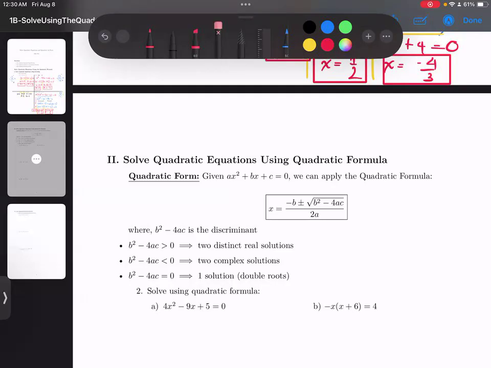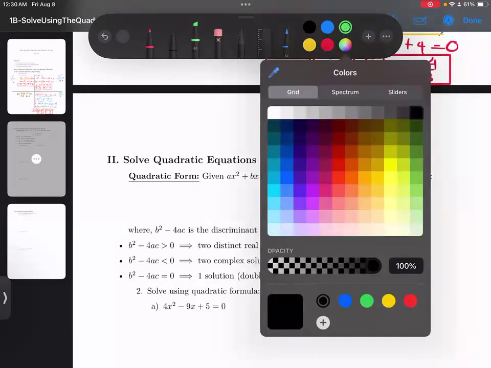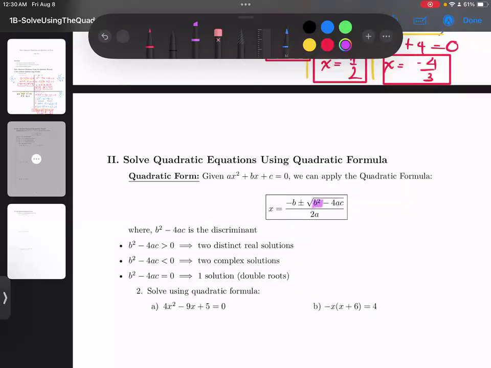So this part right here, I'll highlight in purple. This part right here, not including the square root, just b squared minus 4ac, is called a discriminant.